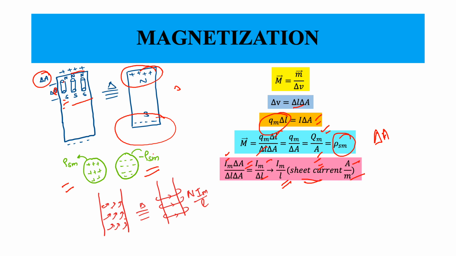Which means an equivalent long solenoid with a current, such that if there are n turns, then the number of turns per meter into I will be the current enclosed per meter, right? So this would be N Im by L, the current that is enclosed up here. Okay, so we will look at some relationship between B, mu, H and M.